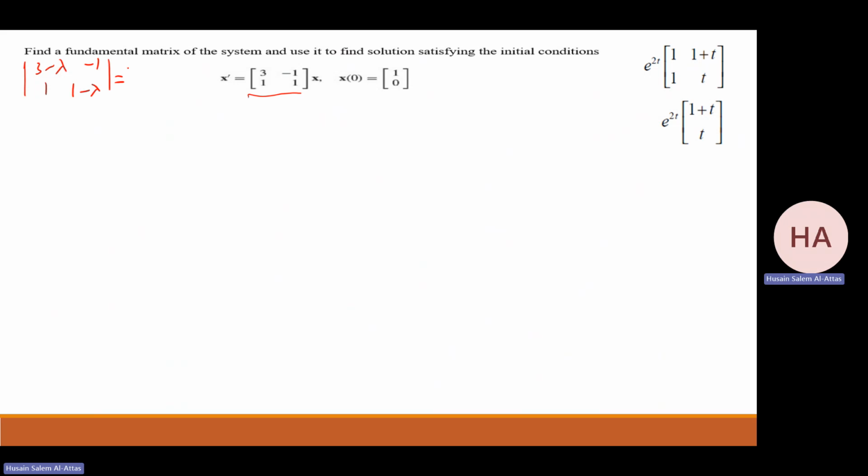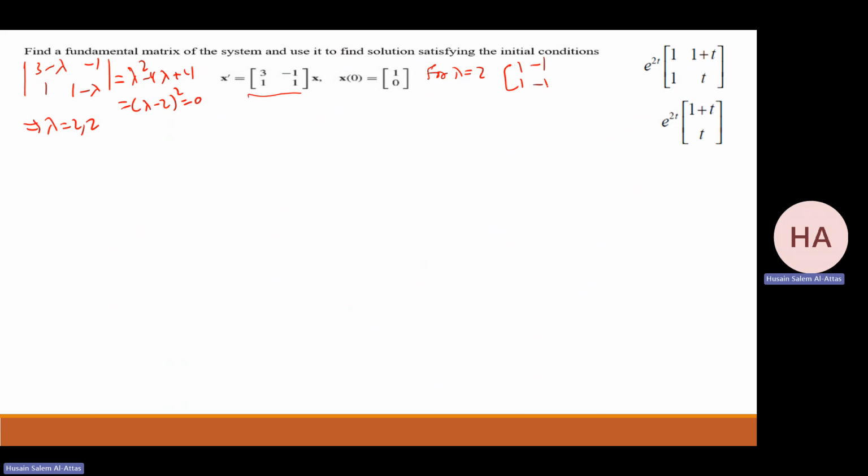That will be lambda square minus 4 lambda plus 3 plus 1, which is plus 4. So this is lambda minus 2 all square. So lambda is 2, 2.